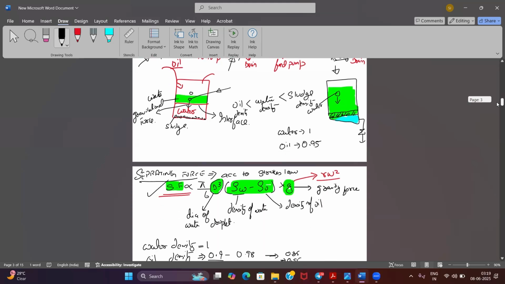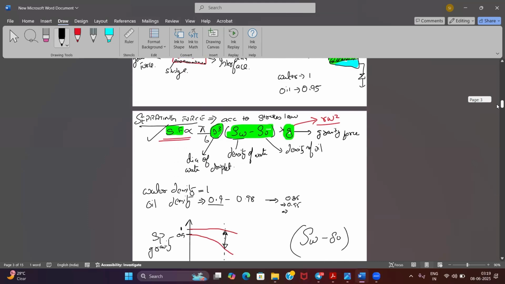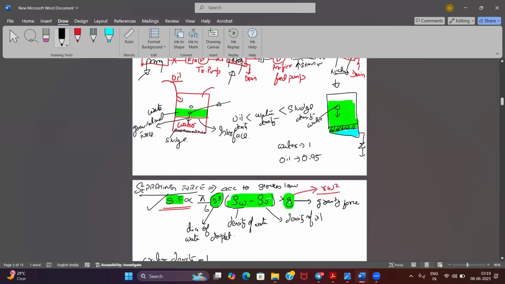Now, if you talk about the force that is acting on this water molecule, what force is acting that is separating it out from your oil? Okay, that force is known as separation force or separating force.